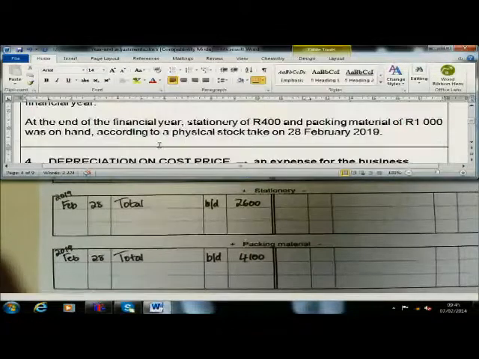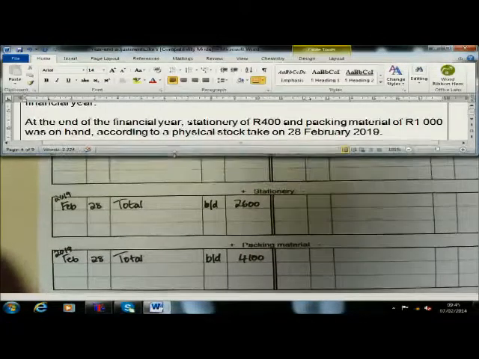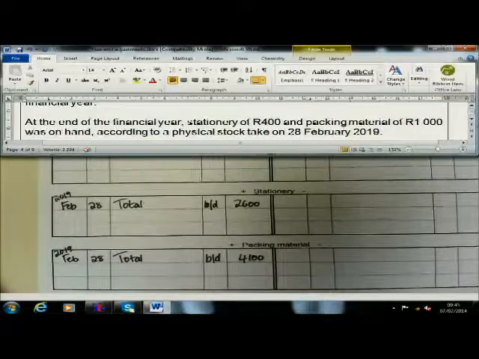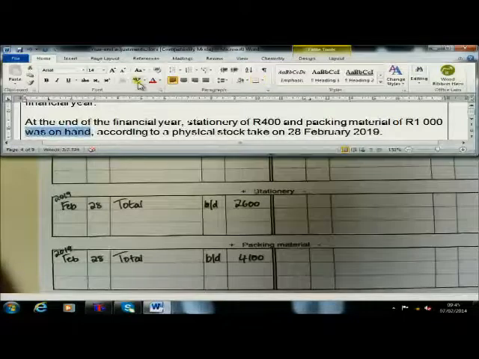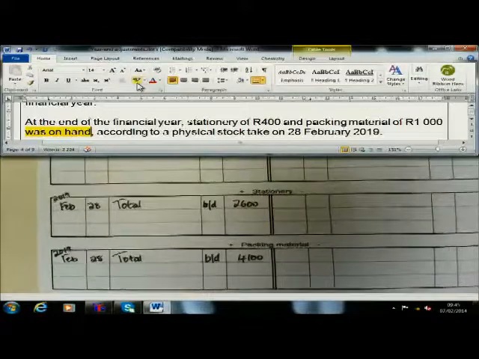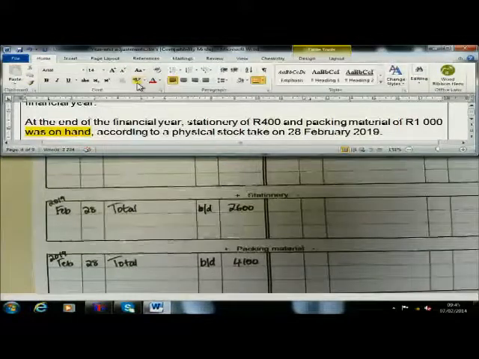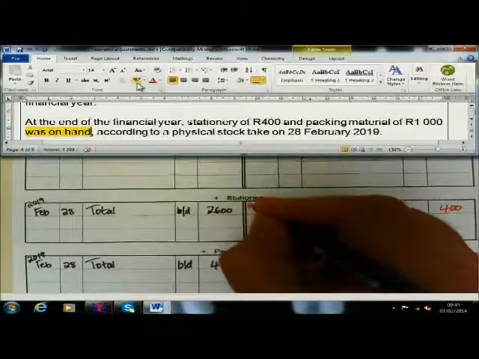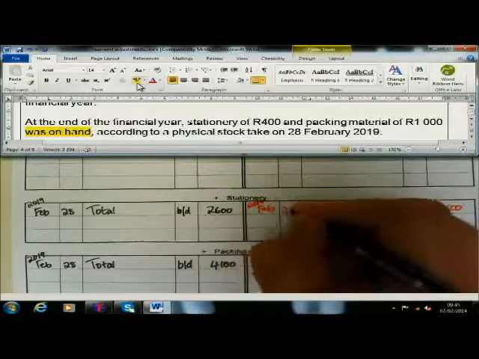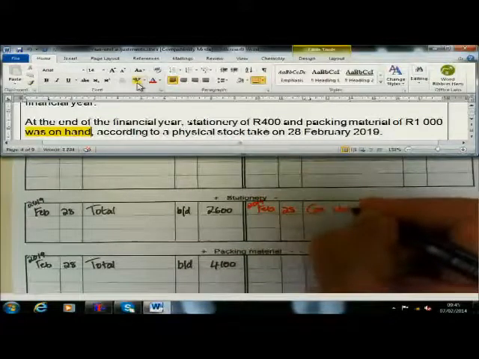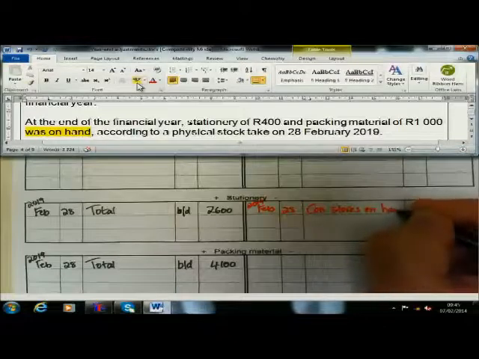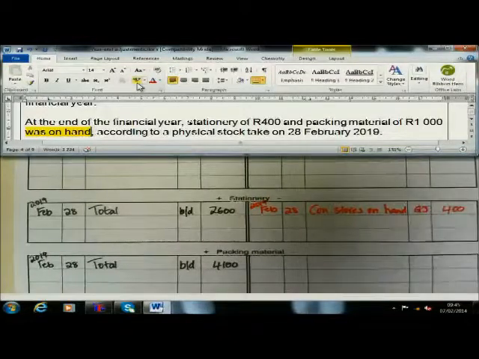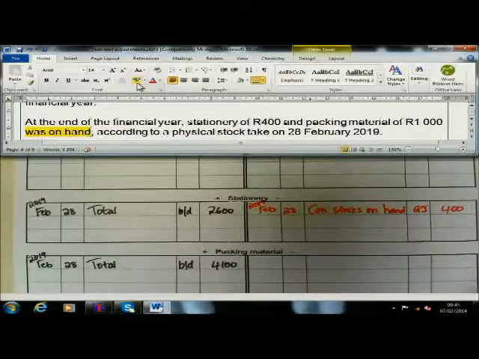At the end of the financial year, stationery of 400 Rand and packing material of 1,000 Rand was on hand. That means if it's on hand, then we didn't use it. So now you go to the minus side of your stationery and you take out the 400 Rand there. You take it on the last day of the year to consumable stores on hand. Remember, you're not allowed to use abbreviations. You must write it out. You take the 400 Rand of the stationery that you didn't use to your consumable stores on hand.